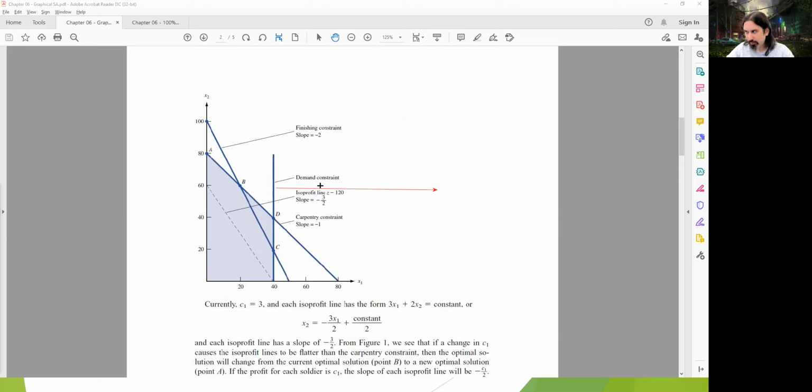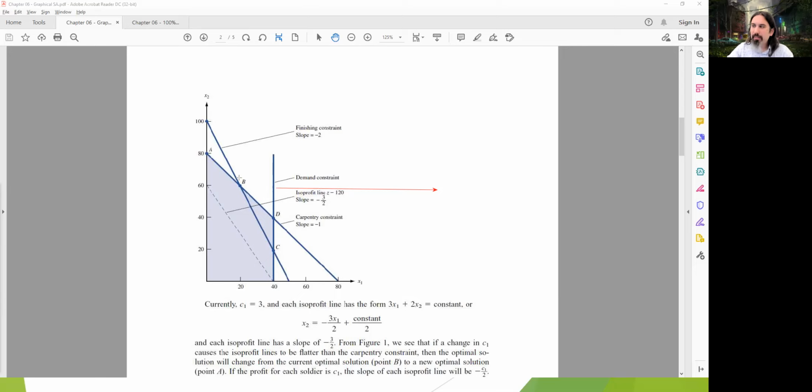As this line goes to the right-hand side, the points D and C will change. This C point will go over here and end over here. The D point will come over here and just merge with this one. If I merge two points, one of them just evaporates, let's say.